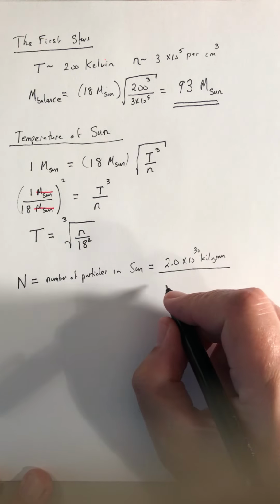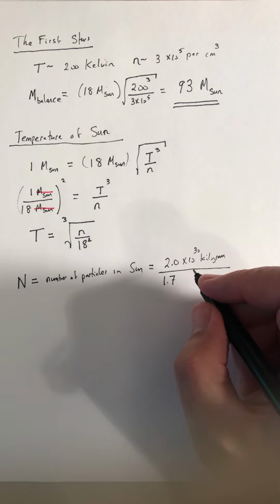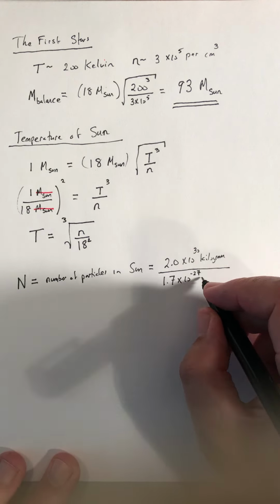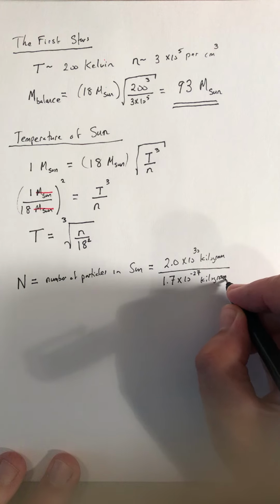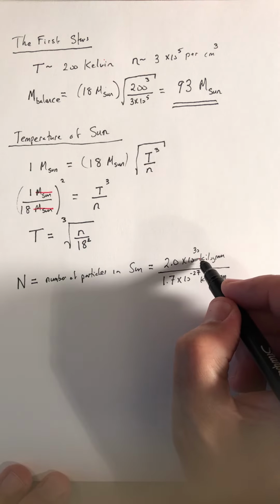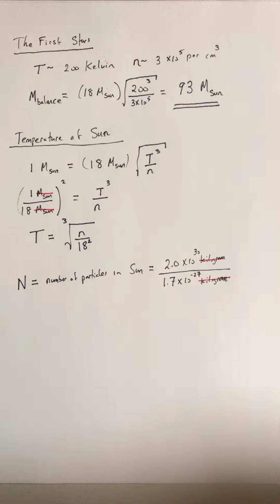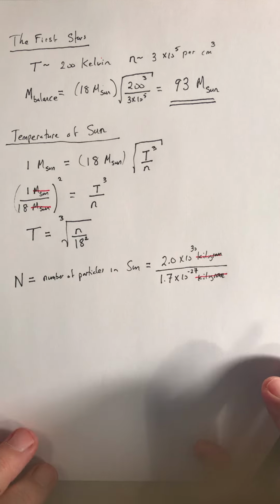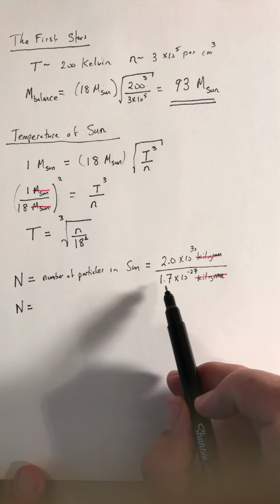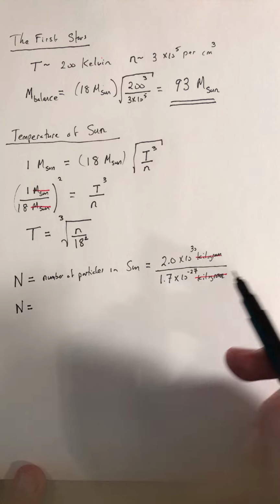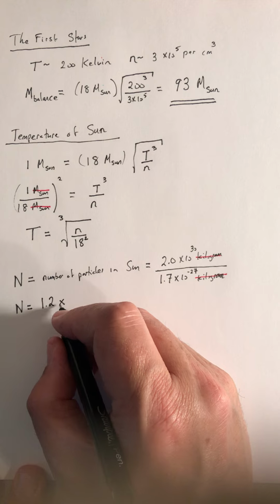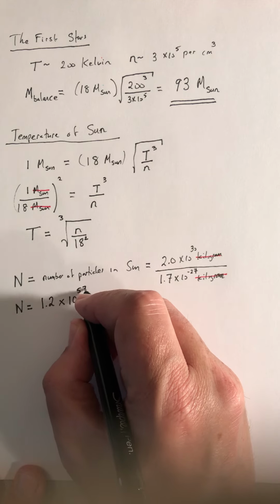And you can look up in the back of your book, one hydrogen atom is going to have a mass of 1.7 times 10 to the minus 27 in kilograms, because they're really small. Kilograms cancel out, and we'll get the total number of particles in the sun, 2 times 10 to the 30, divided by 1.7 times 10 to the minus 27. It's going to be a huge number, 1.2 times 10 to the 57th.